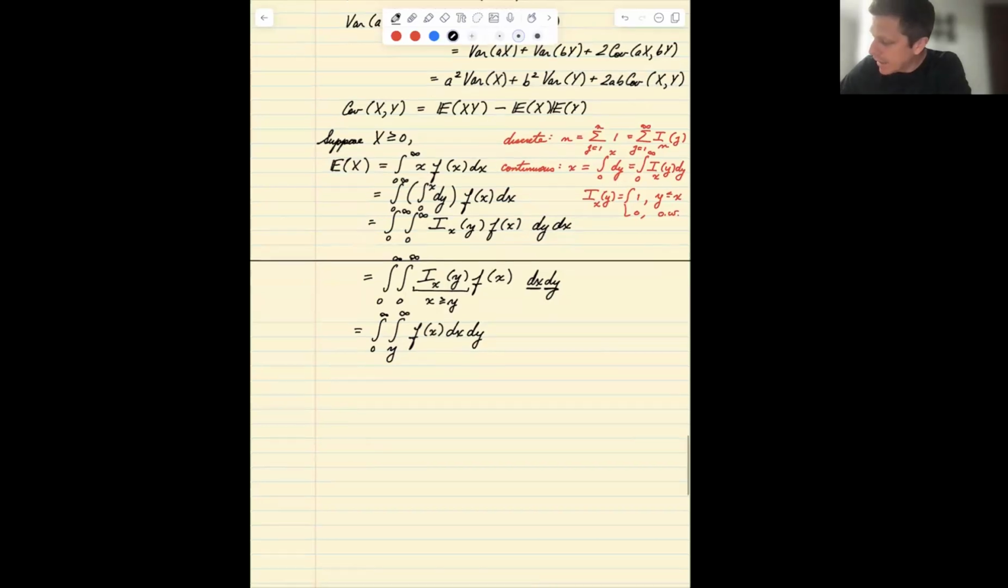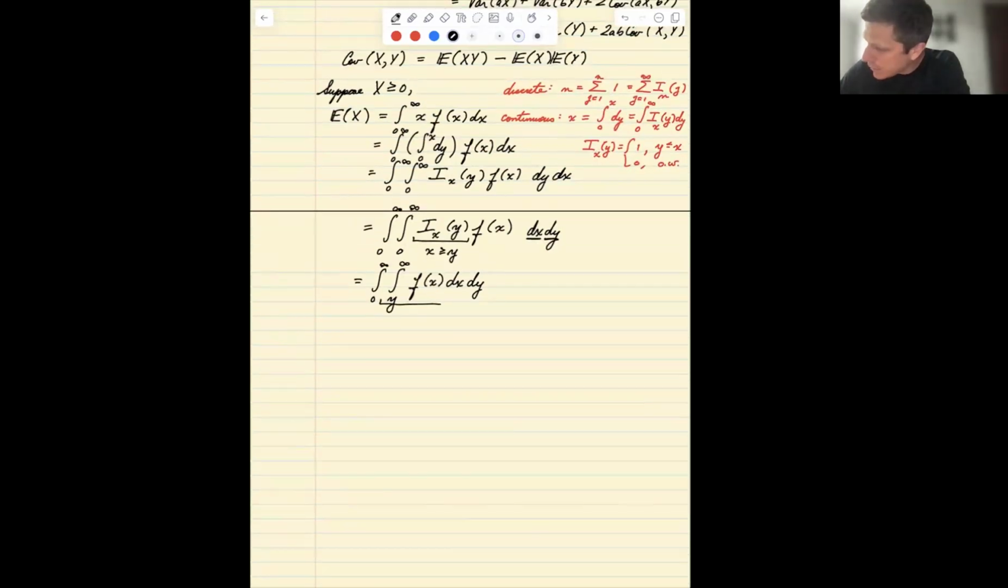And now what is that? Well, the integral from y to infinity of the density is the probability that x is bigger than or equal to y. And we still have the integral from 0 to infinity dy.